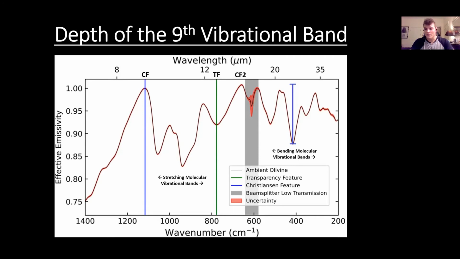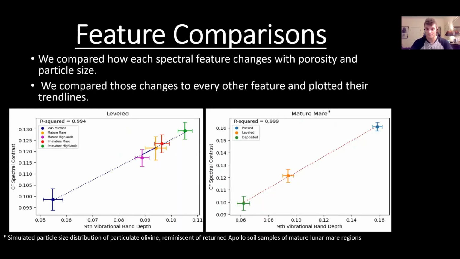So what we did after that is we compared how each one of these heights or depths, all these are absolute values, they're all considered positive in the study, and how they compare to each other. So for comparison, the depth of the 9th vibrational band compared to the height of the Christensen feature on the left. So you see some plots for that now. So as you can see, on the left, we took a leveled sample and we compared it to all 5 particle size distributions.